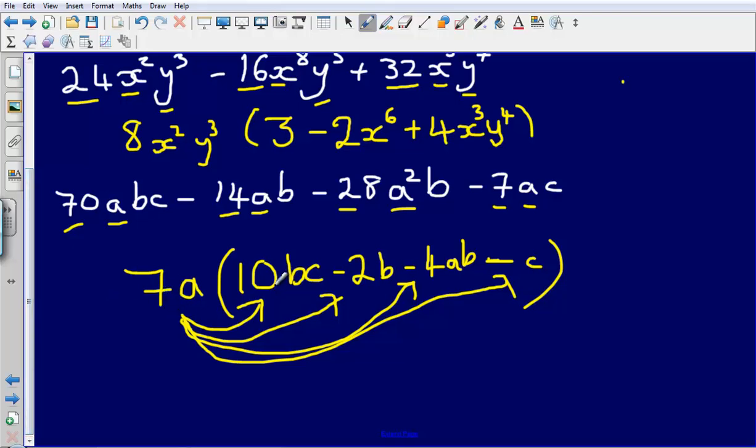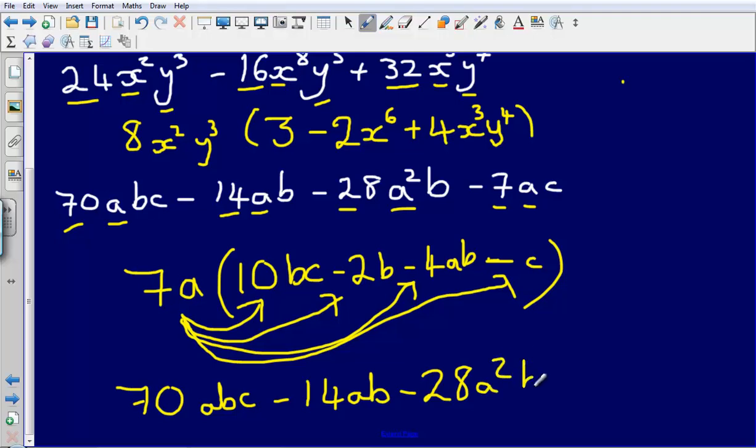So if I do 7 multiplied by 10BC, that gives me 70ABC. 7A multiplied by minus 2B, that's going to give me minus 14AB. 7A multiplied by minus 4AB, that's going to give me minus 28A squared B. And then 7A multiplied by minus C, that's going to give me minus 7AC. Is that what we had to begin with? Yes, it is. So that means that this must be right.